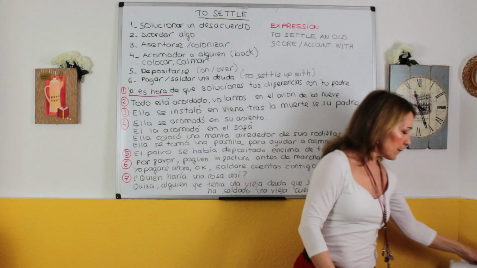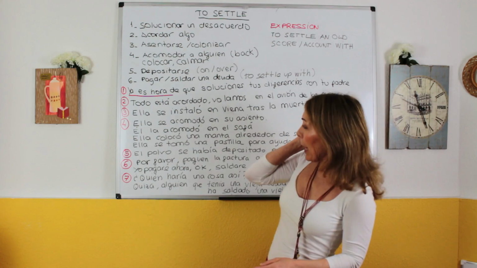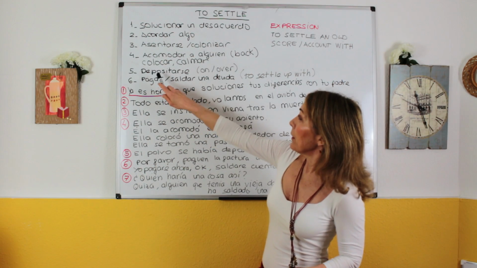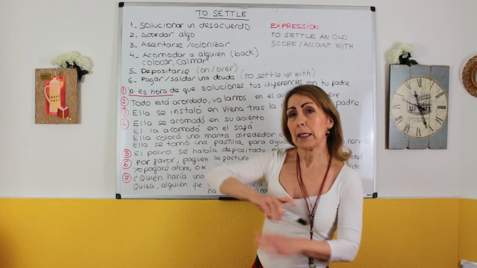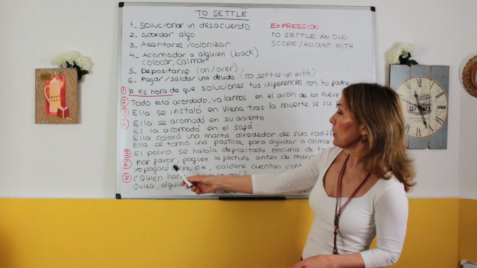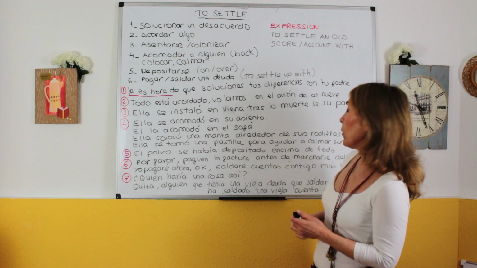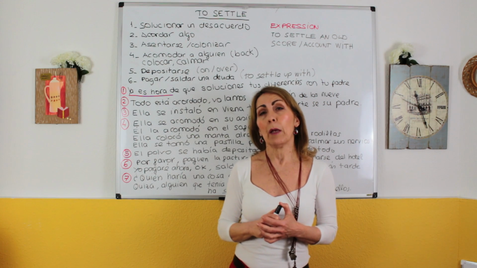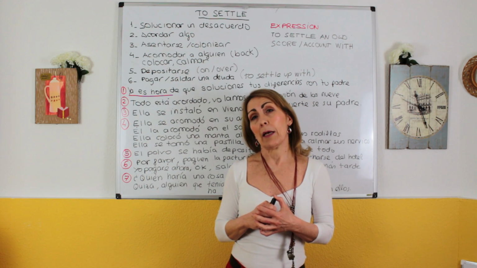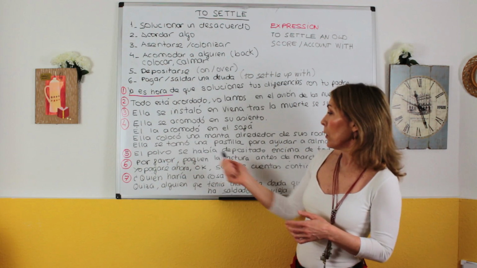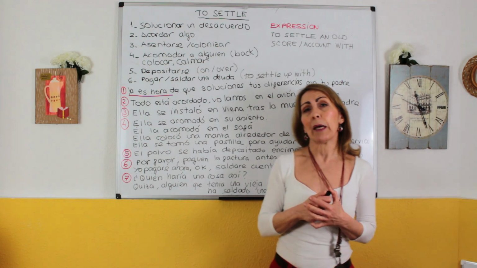Very well. The next one, using the fifth meaning, depositarse, something settles on or over something. El polvo se había depositado encima de todo. Polvo is dust, dust. El polvo se había depositado encima de todo.